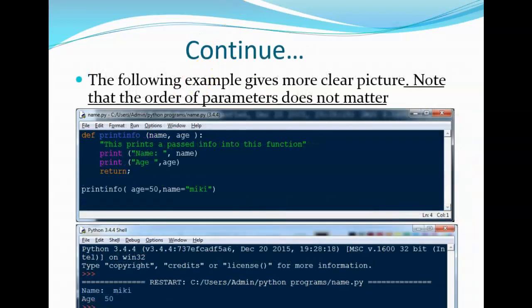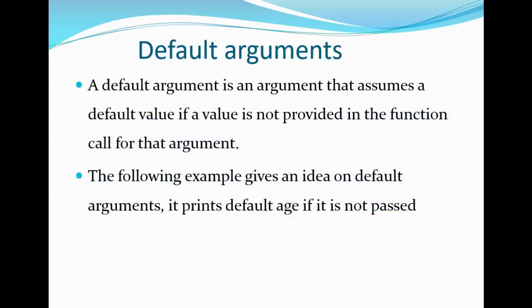You can see that here age is 50 and name. The first one is name actually, but by using keyword arguments you can send the age first. The relevant name is used over there, and that value is fetched here with 50. This is the advantage of using keyword arguments.